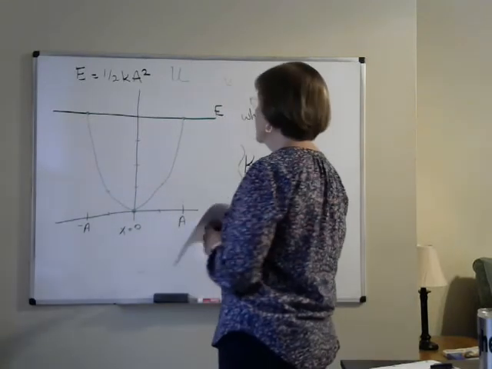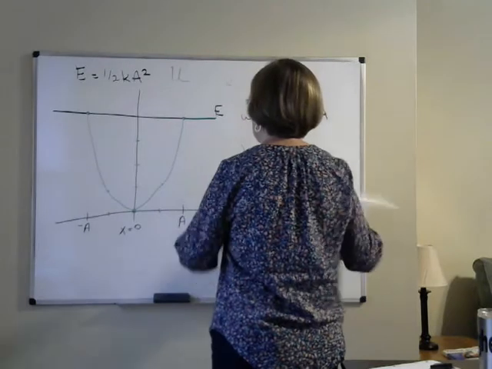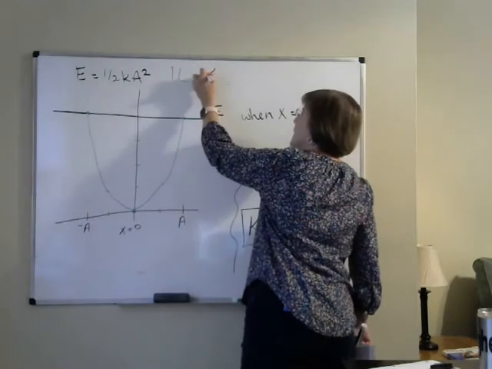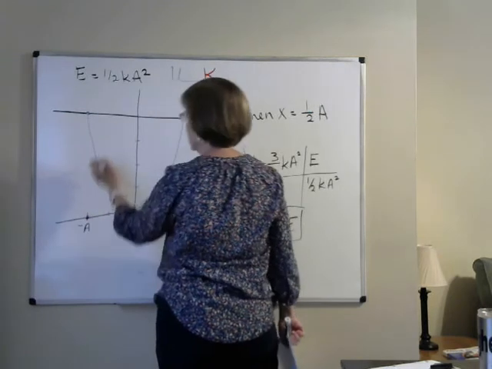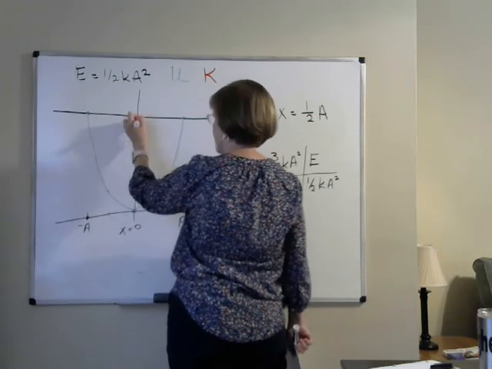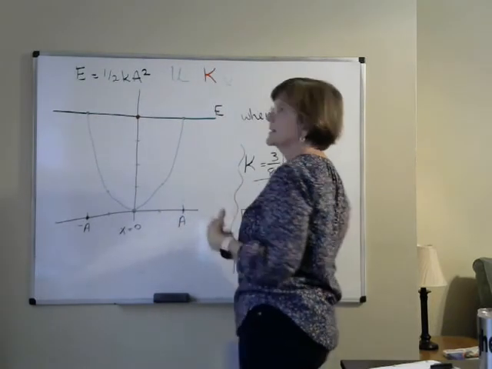So there's my potential. I'm going to use red for my kinetic. I have no kinetic energy when you release it. I have a maximum at equilibrium. I have none here. The total energy is constant.